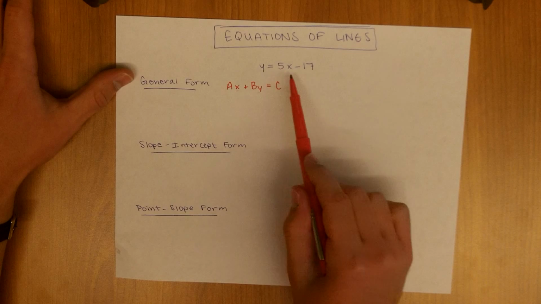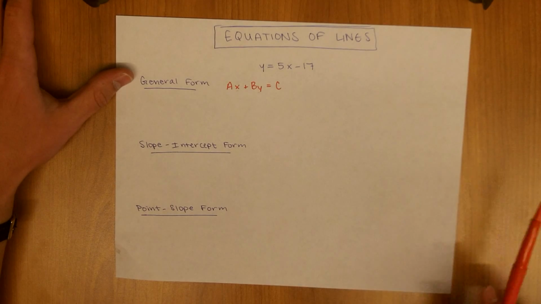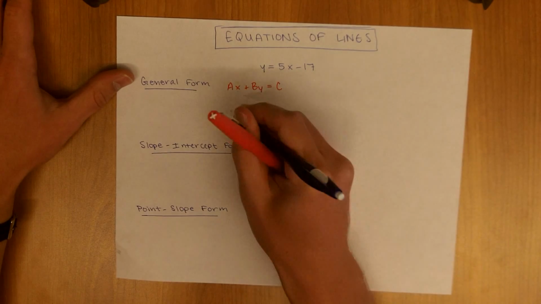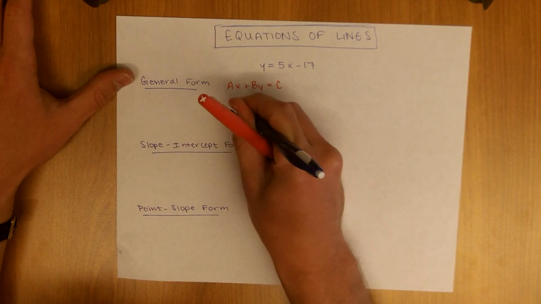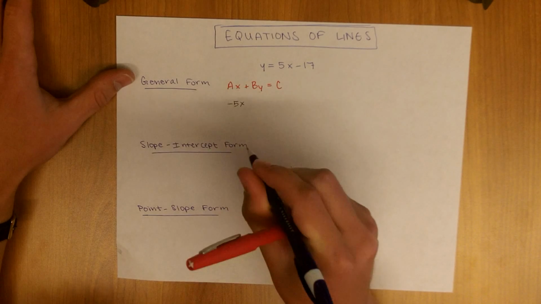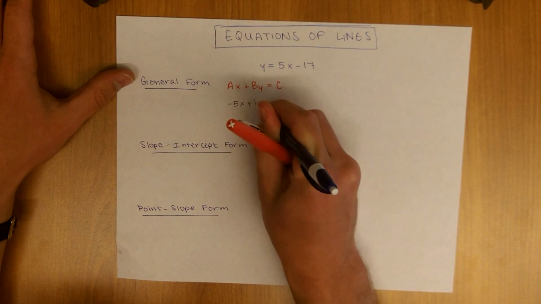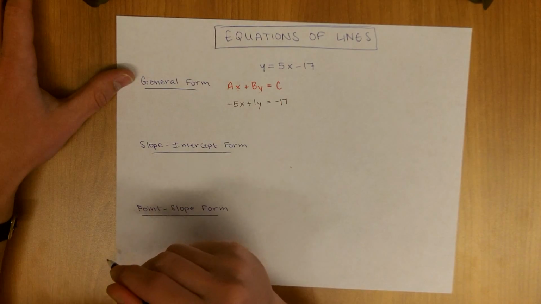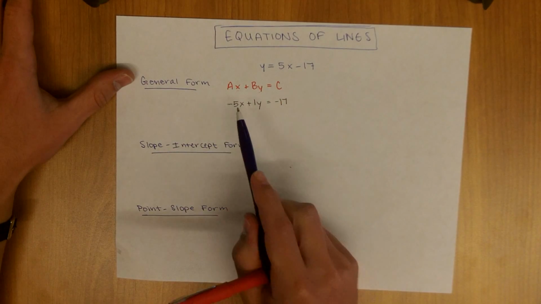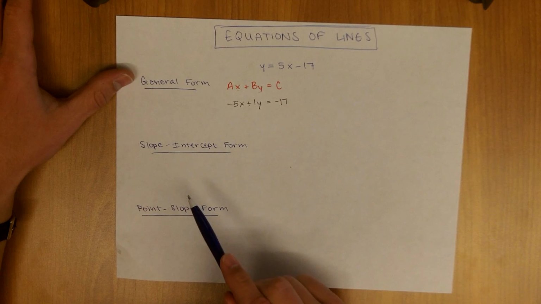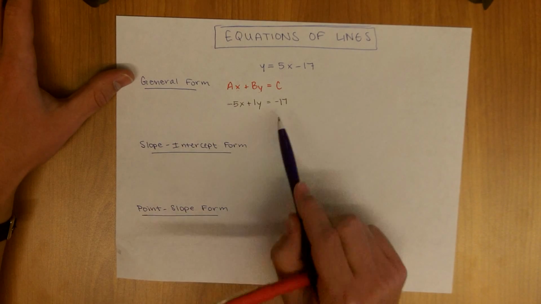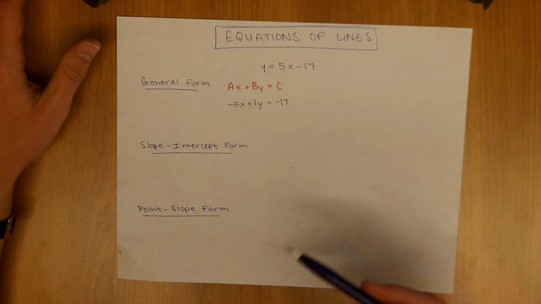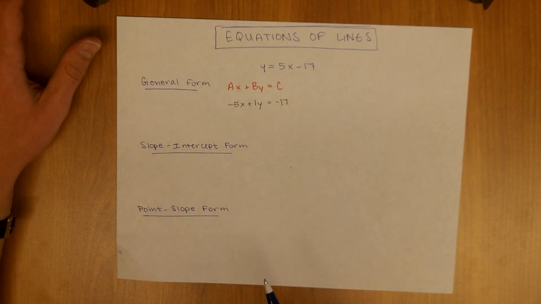So if we're looking at our example, y equals 5x minus 17, that in general form would look like minus 5x plus 1y equals negative 17. So you can see that the coefficient in front of the x is negative 5, the coefficient in front of the y is 1, and the c value is negative 17. I'll show you a little bit later how we can transition from one to another, but I just wanted to throw that out there right now.